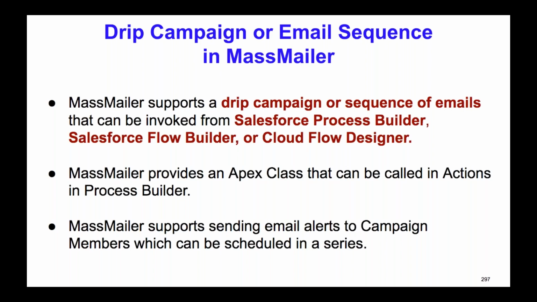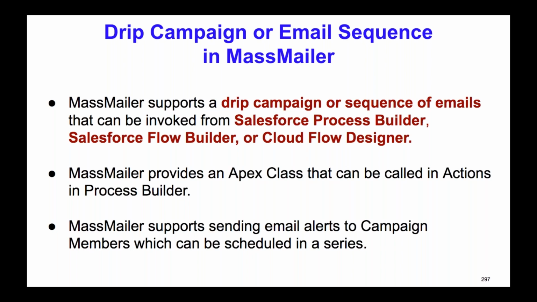So the infrastructure that we have is, of course, we are all familiar with MassMailer. So one is the UI-based email that you're sending, and at the same time, we do have the ability to trigger an email via an alert, right? And that email activity can be invoked in the process builder or flow builder or even the cloud flow designer, right?